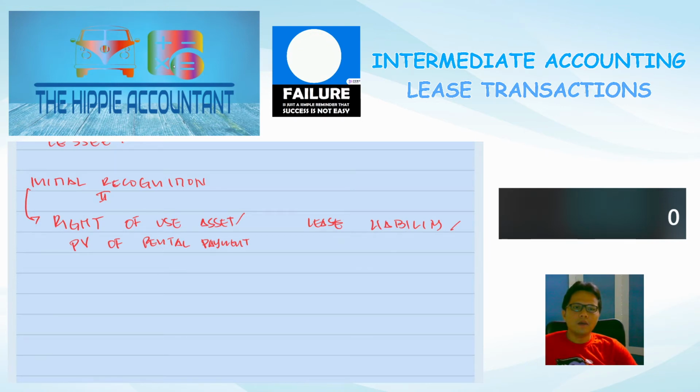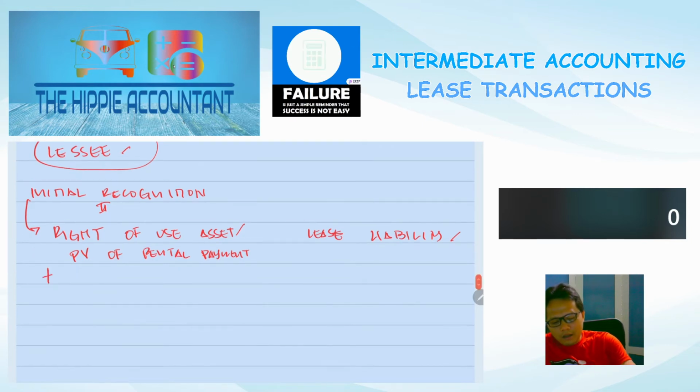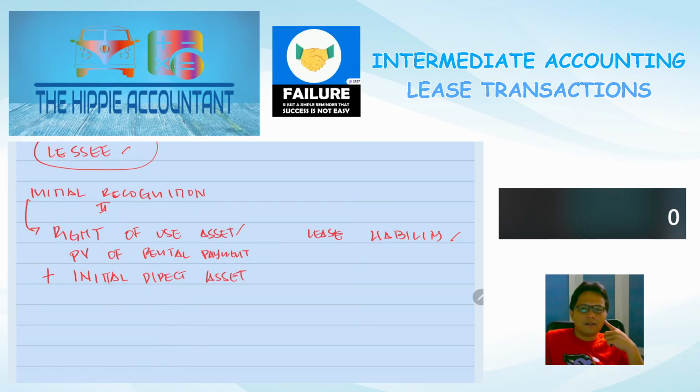Okay? If that is paid by the lessee, that is part of your right of use asset. Okay? That is part of your right of use asset. Okay?